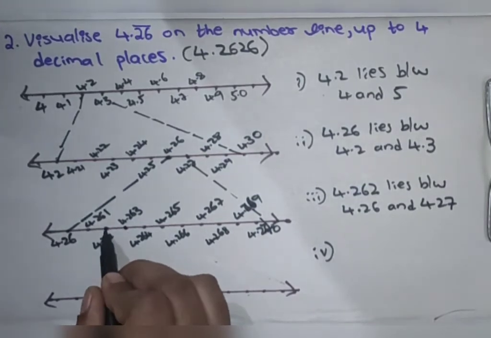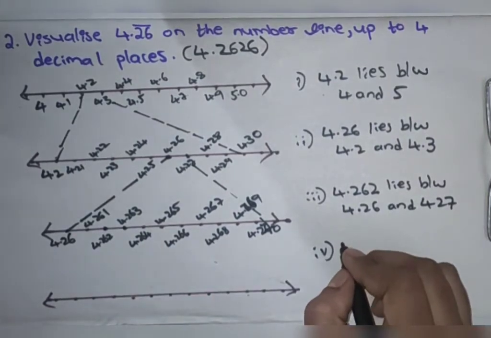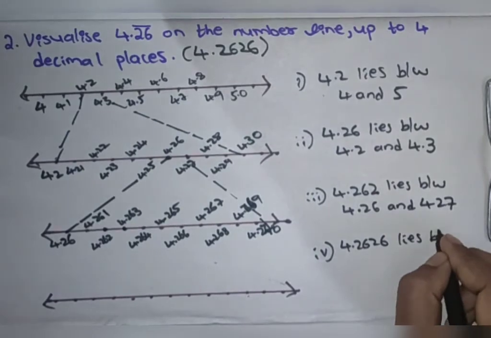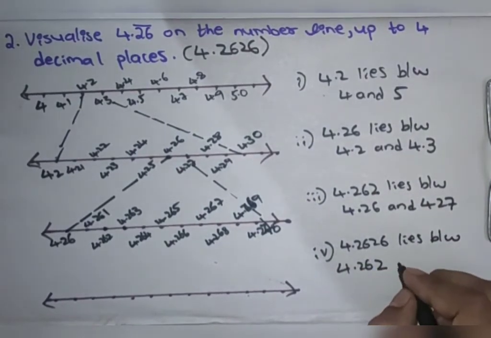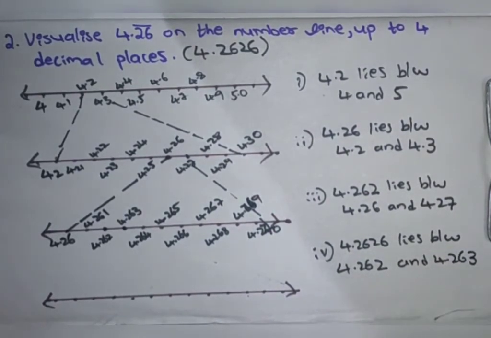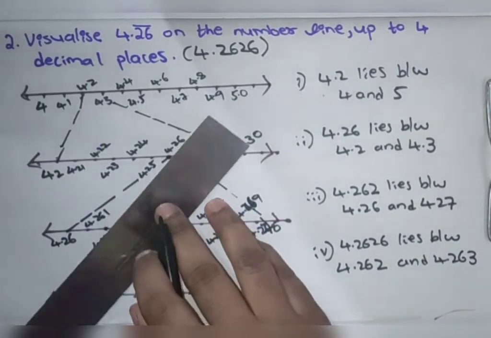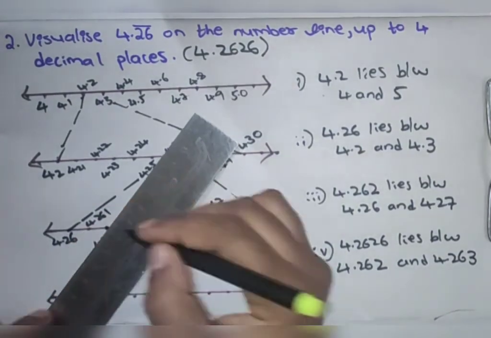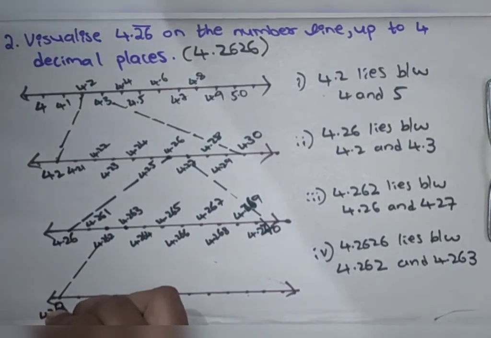Between which two numbers does that number lie? 4.2626 lies between 4.262 and 4.263. Now first here 4.262.